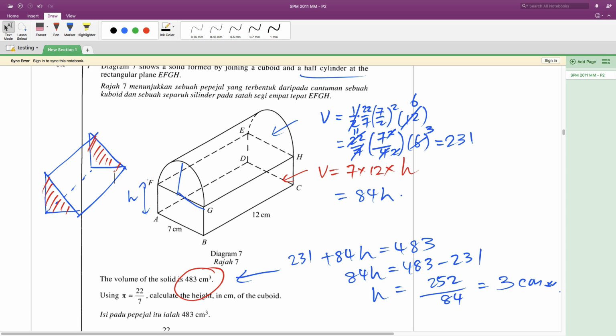Then the question will say, is this the cross-section area? Actually cross-section area means prism. You can say it means right prism. If you have cross-section area, it means right prism. You are right. Okay, anything you want to ask before I move on?